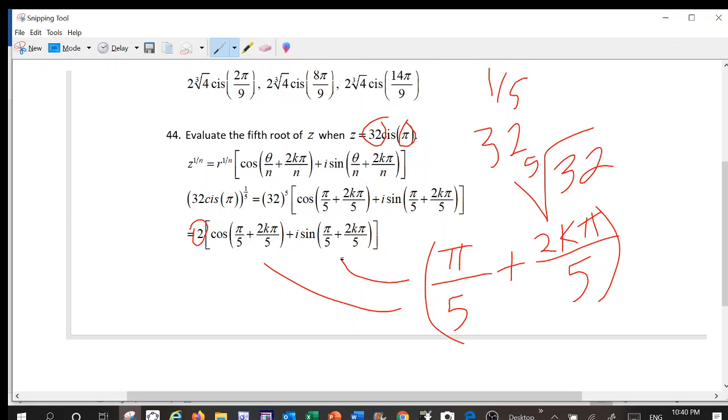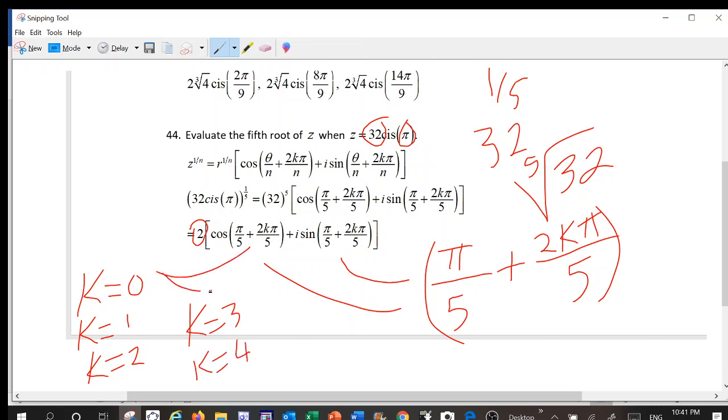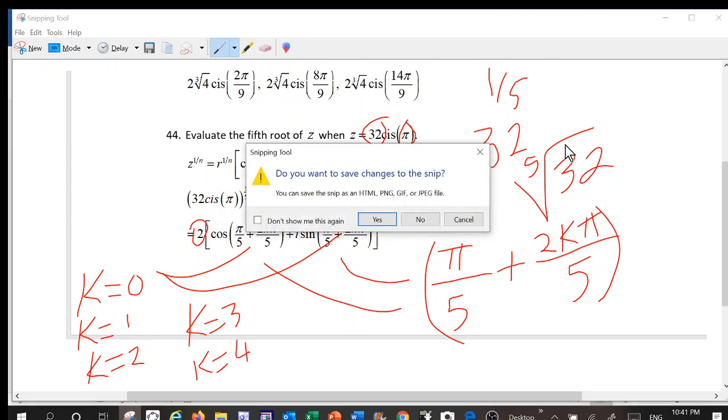And now, if you want the fifth root, you have to find k equal to 0, k equal to 1, k equal to 2, k equal to 3, and k equal to 4. So for every one of these, you have to substitute for k and find one root. So this is going to have 5 roots, right? 5 roots. So those are the 5 roots.